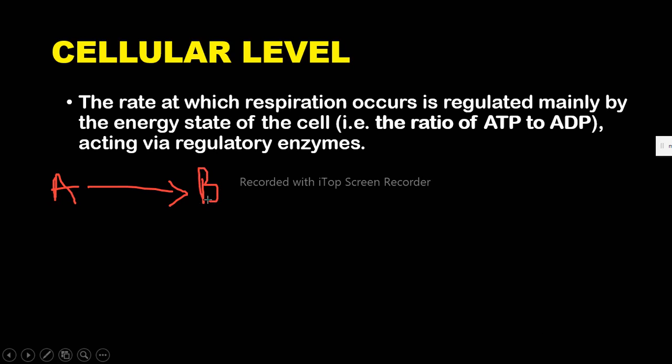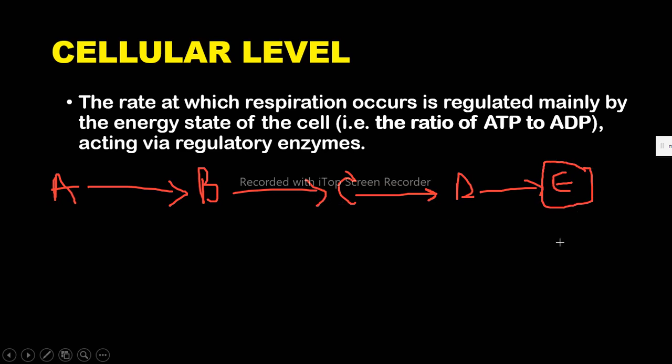A, then B, and then B is converted to C, and then C is converted to D, and then D is finally converted to the final product E. So you have A converted to B, converted to C, and C converted to D, and finally D, and this is the end product. Okay? End product.